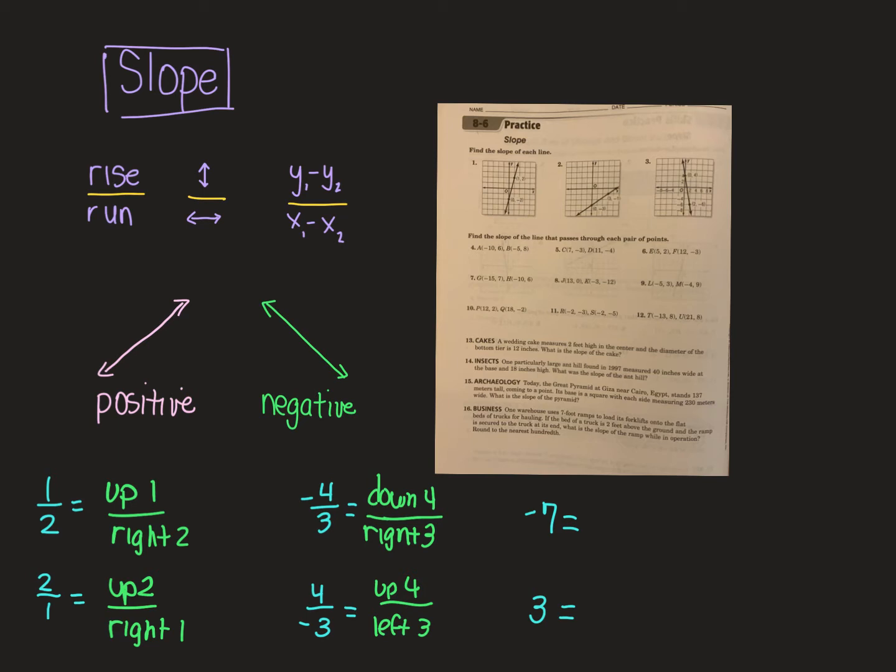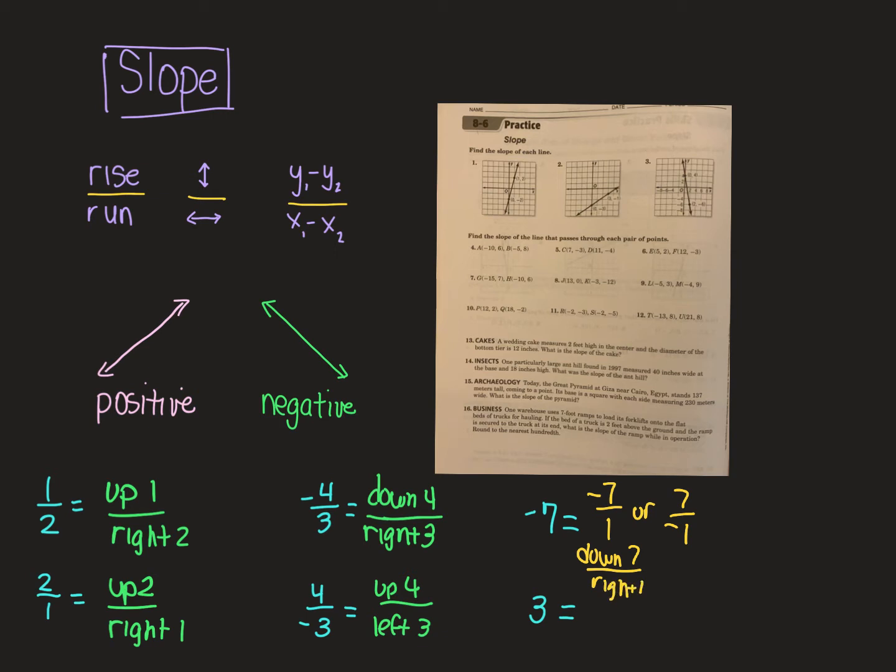It doesn't really matter. If you see a whole number, you're going to write it as a fraction, putting it over 1. So in this situation, I could put -7 over 1 or 7 over -1. It doesn't really matter, but if I do the first option, I'm going to go down 7, right 1.